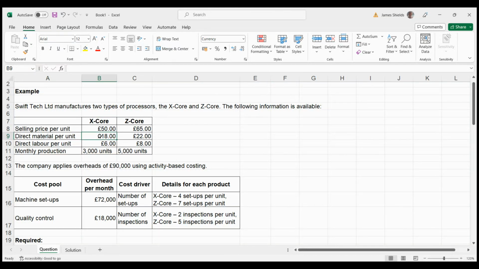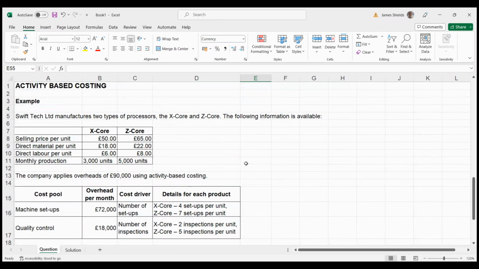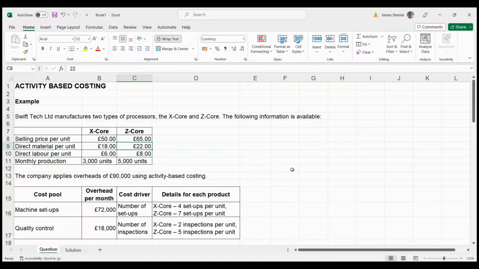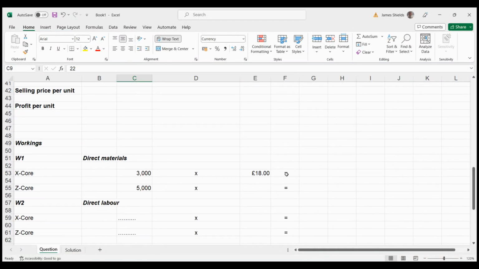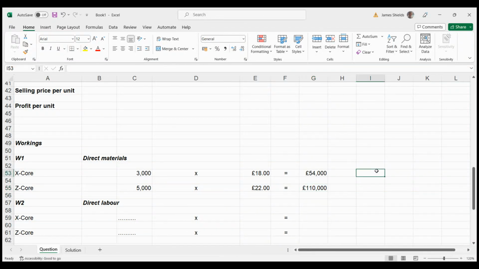X core direct materials is £18. And Z core direct materials per unit were £22. So the X core direct materials is the 3,000 times the £18. And likewise, for Z core, it's the 5,000 times £22, that's £110,000.